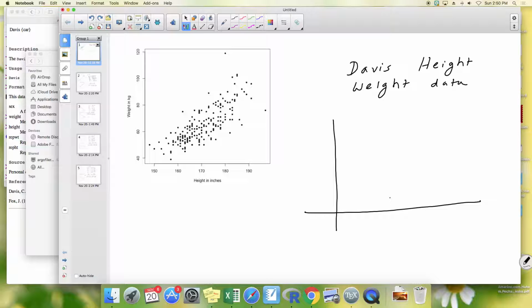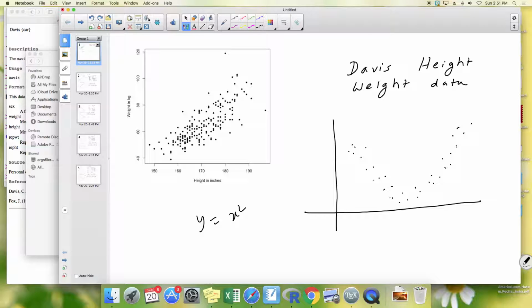For example, if the data is like this, then you know that this is like y equal to x square kind of data. You call it parabola, or you call it quadratic.